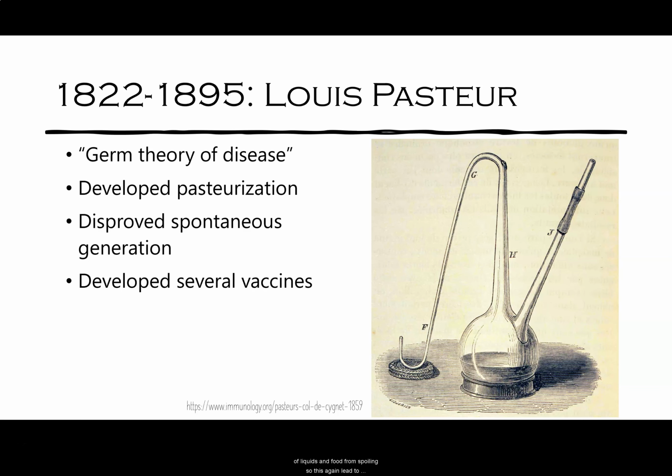So this starts to lead to the groundwork of the germ theory of disease. He also contributed to the field by developing several of his own vaccines, one against a disease that was called chicken cholera, another one against rabies. So Louis Pasteur, you could write a book alone about his contributions to microbiology.